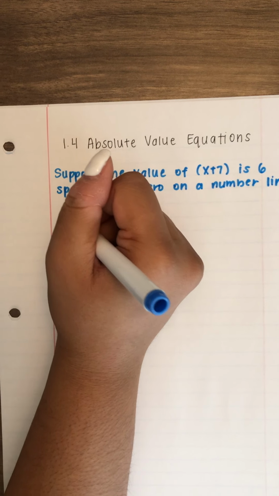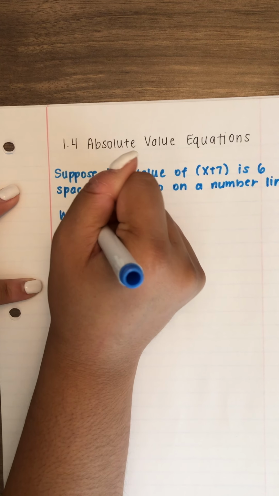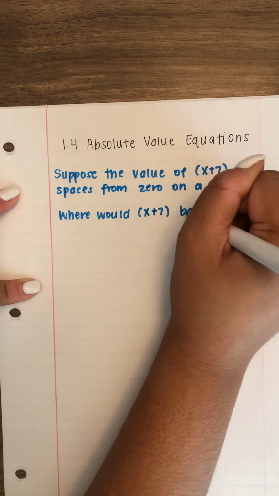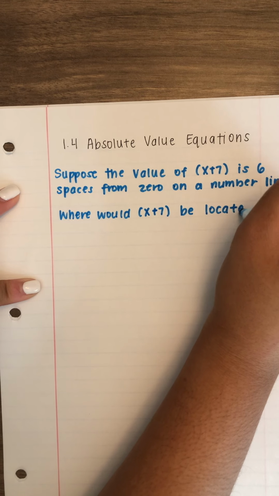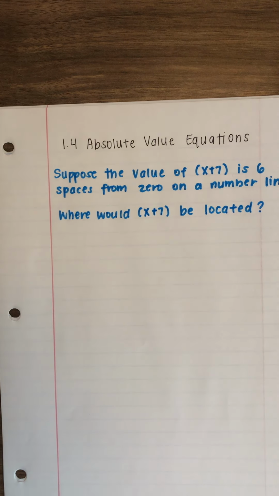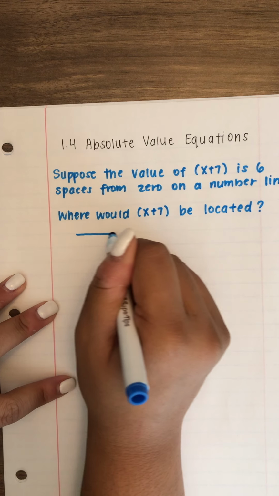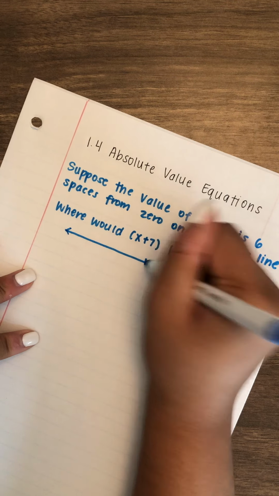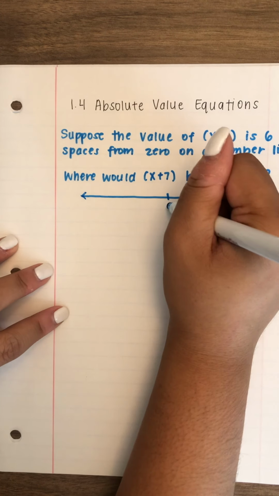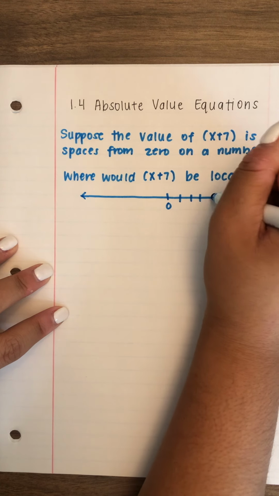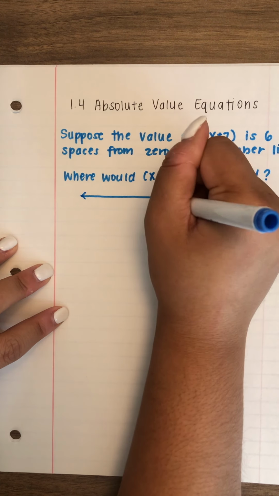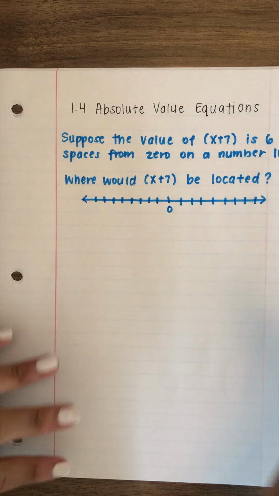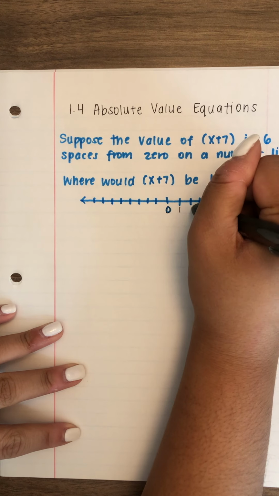Where would x plus 7 be located? I'm going to go ahead and draw myself a number line.